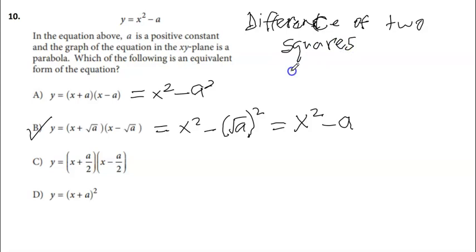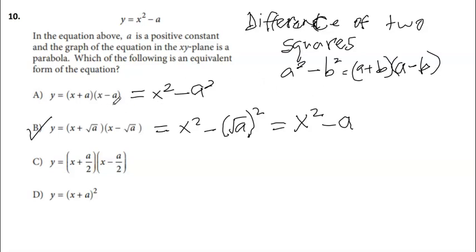Right, we know the formula. We say a squared minus b squared is equal to a plus b, a minus b. So you either see the question where the right hand side is given, and you have to remember that it's equal to the left hand side, or the other way around.